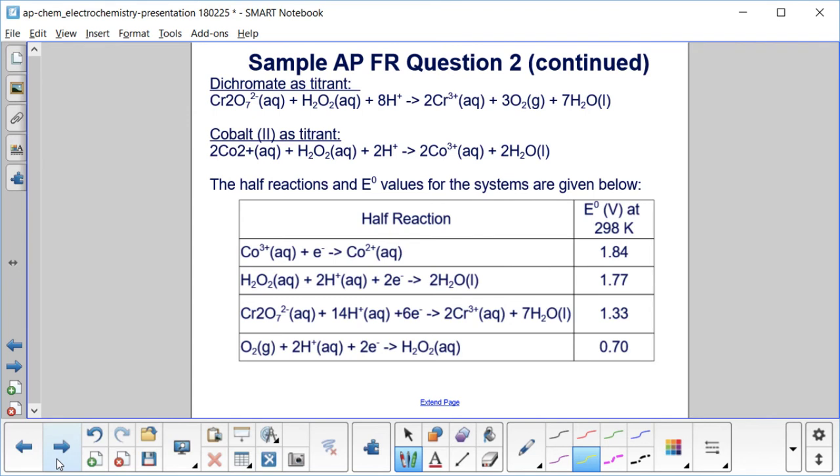So if I use dichromate as a titrant, I have that reaction shown, dichromate titrated with the hydrogen peroxide, or the cobalt 2+ ion titrated. Okay, so here's the half reaction for the cobalt, for the hydrogen peroxide, for the dichromate, and for this oxygen gas going to H2O2.